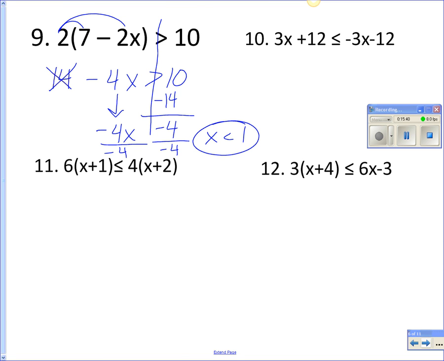Number 10, 3x plus 12 is less than or equal to -3x minus 12. All right, Julius, help me with this one. So what do I write? What does that give me, Julius?